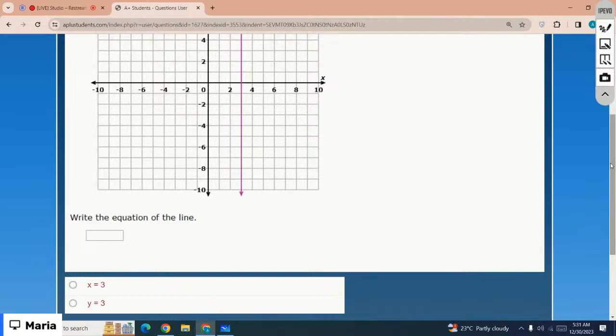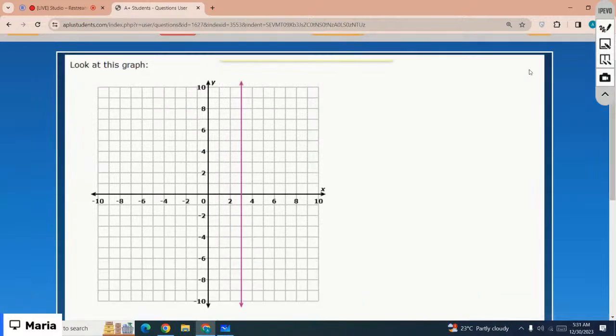That is x equals 3. The correct option is x equals 3.